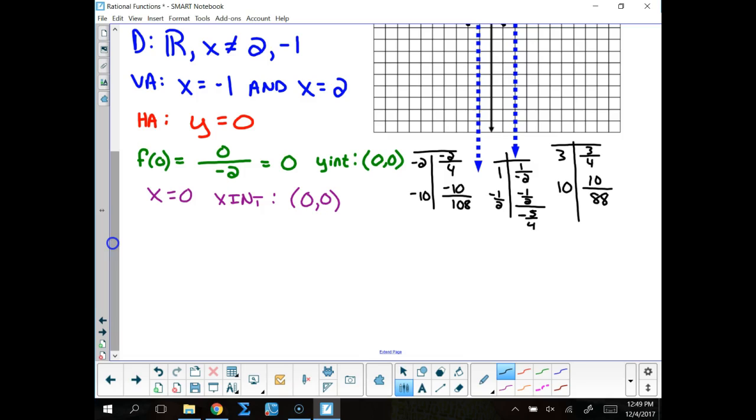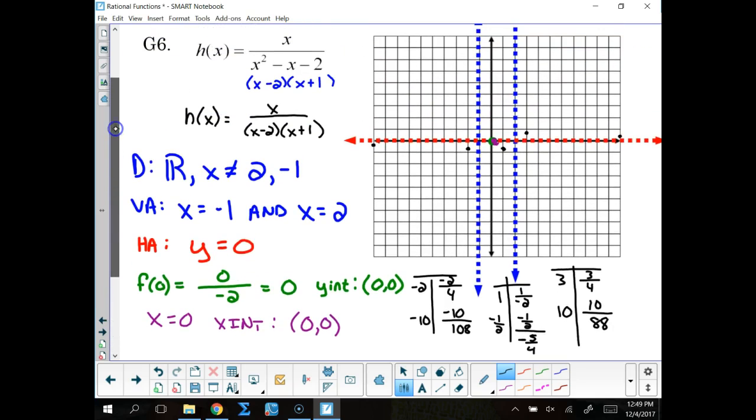Negative 5/4. Negative 1/2 divided by negative 5/4. What is it? It's going to be positive. I don't even care what it is. I don't even care that it's actually 2/5. I just care that it's positive.